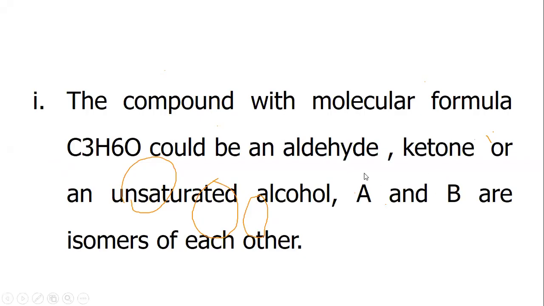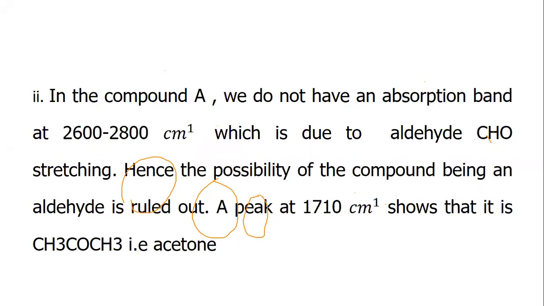The compounds with the molecular formula C3H6O could be an aldehyde, ketone, or an unsaturated alcohol. A and B are isomers of each other. In compound A, we do not have an absorption band at 2600 to 2800 per cm, which is due to the aldehyde C-H stretching, and the possibility of the compound being an aldehyde is ruled out.